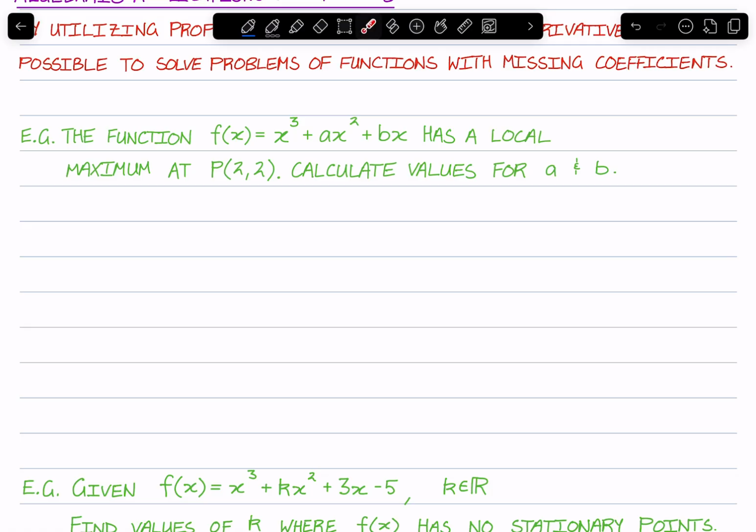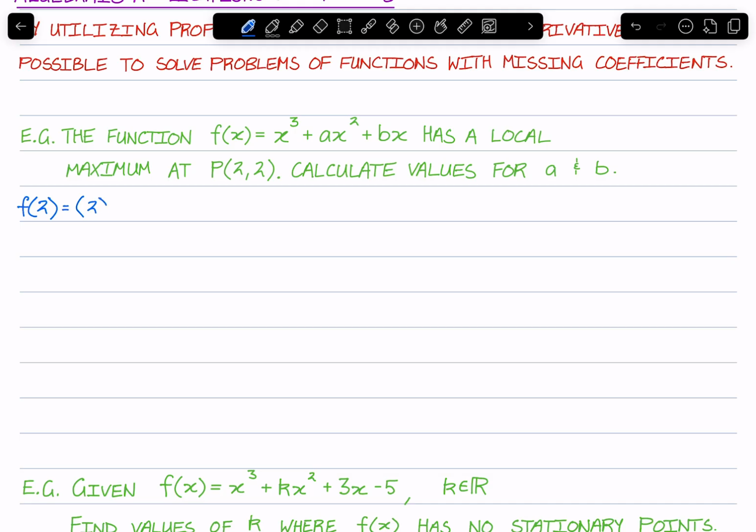The first thing that we can do without doing any calculus whatsoever is understanding that this point P says that if we substitute the x value of 2, the y value that comes out is 2.